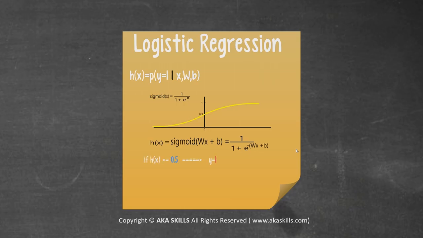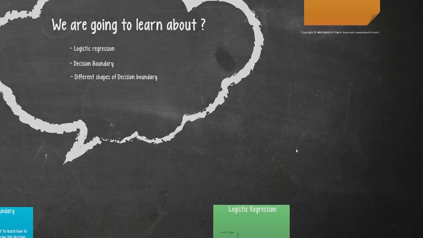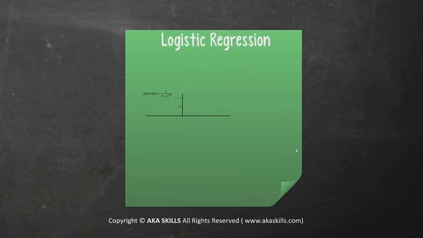We said that if h of x is bigger than or equal to 0.5, then we predict that our y equals 1. Else, that means if h of x is less than 0.5, we predict that our y equals 0. And we had the example of the tumor size, benign or not.